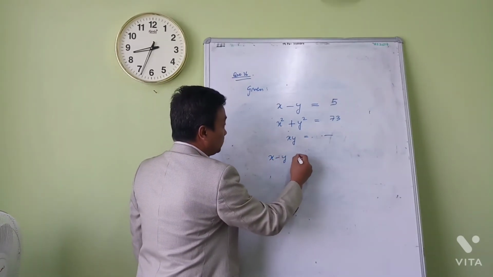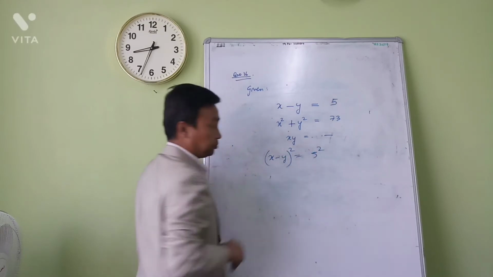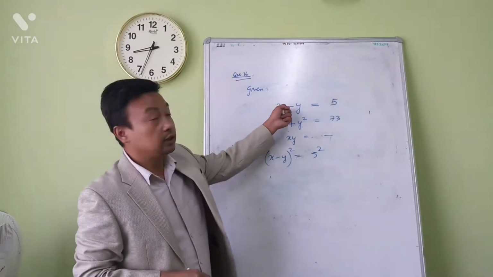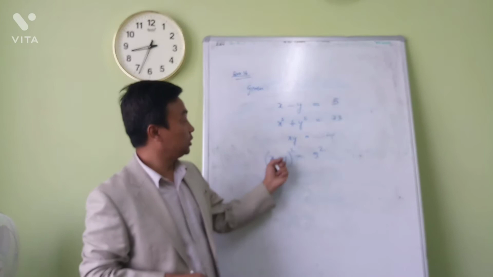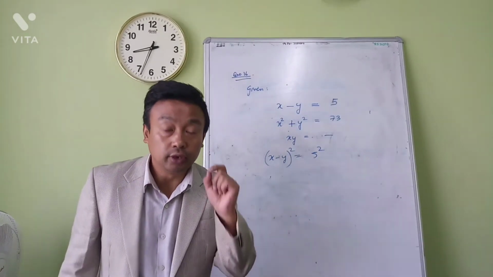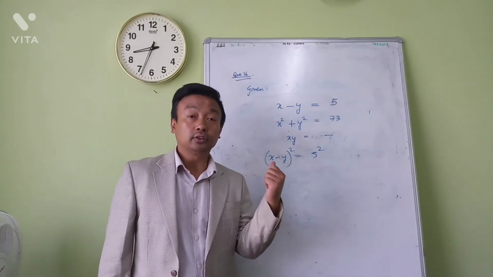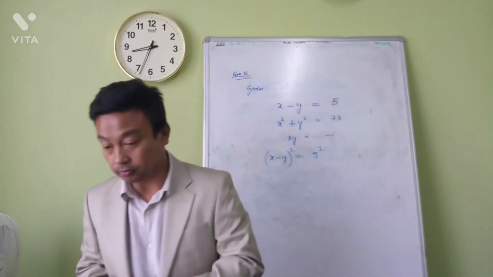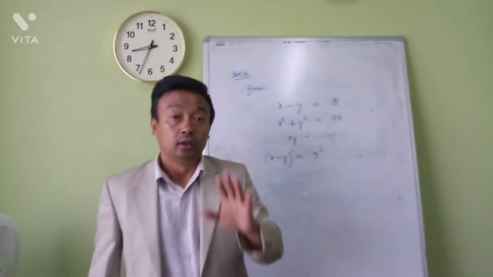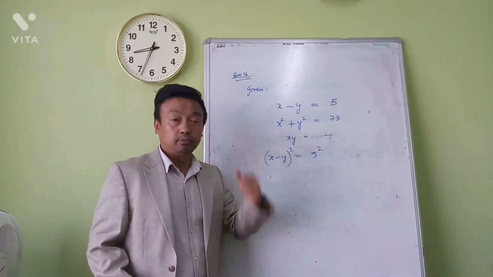x minus y equals 5. Squaring both the sides. This is given to you, and we have just simply squared it. Now here it is very, very easy. You apply the formula a minus b the whole square. In place of a, you have got your x. In case of a, you have got x, and in case of b, you have got y.